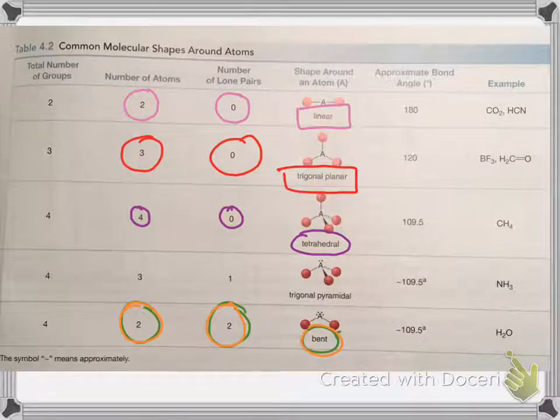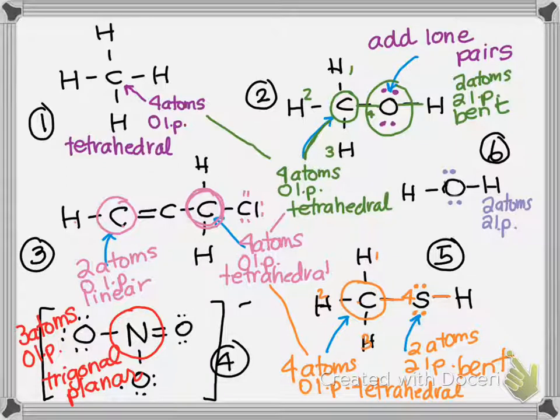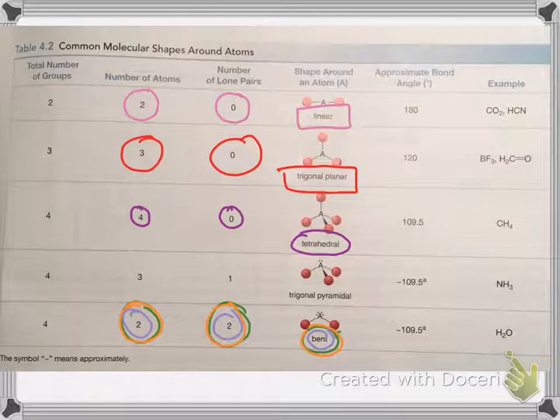But 2 atoms and 2 lone pairs is bent. So water, if I was drawing it, would not be in a straight line, but would rather have a bent structure.